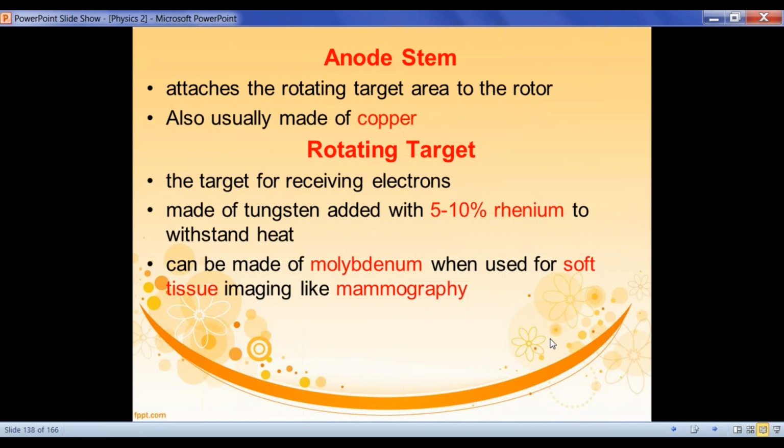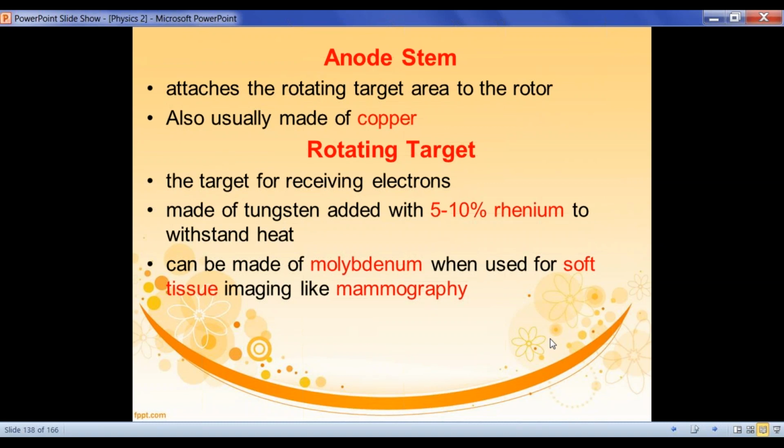Dahil yung ating tungsten has high atomic number. Yung high atomic number po na yun ay pwedeng mag-absorb ng electrons. Pag nag-absorb po siya ng electrons, kukunti na lang po yung electrons na lalabas. Or magiging lahat po ng ating low energy X-rays ay maa-absorb ng tungsten.